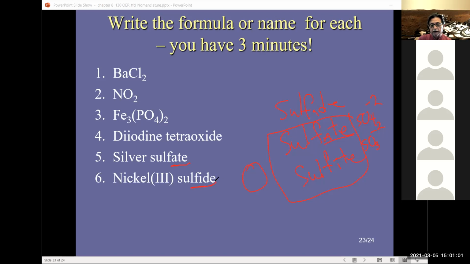Now, compared to, guess what? Look at here, IDE. Now we're dealing with the sulfur all by itself. And then we're dealing with nickel 3. So that would be nickel +3 and -2 for the sulfide.